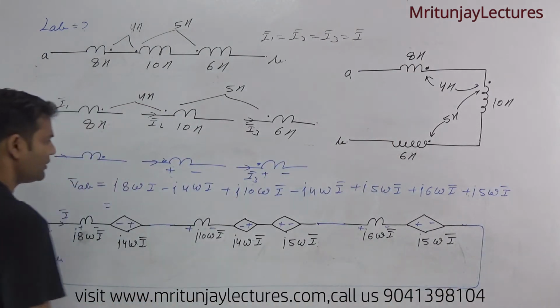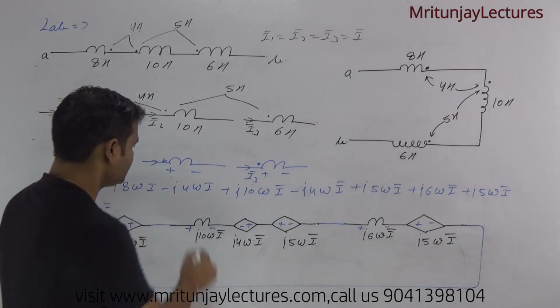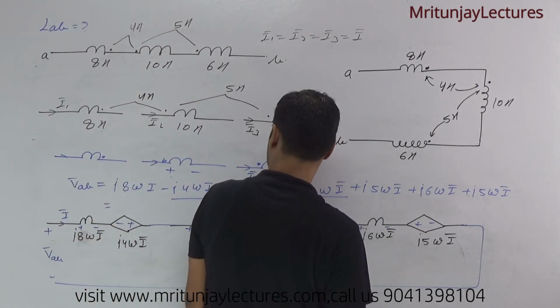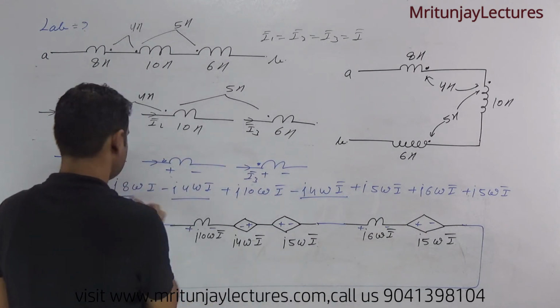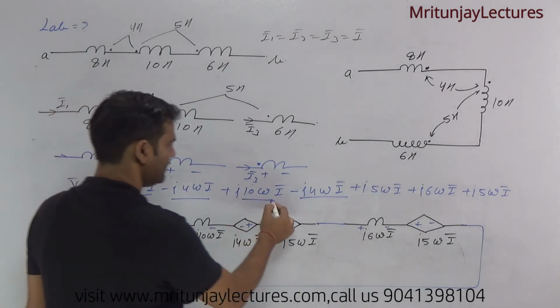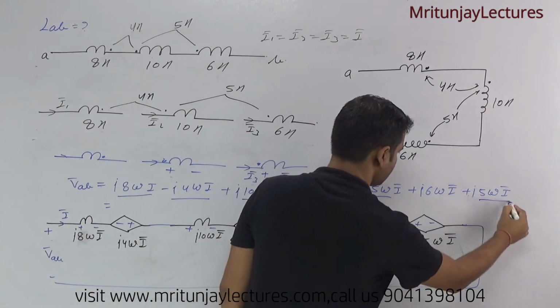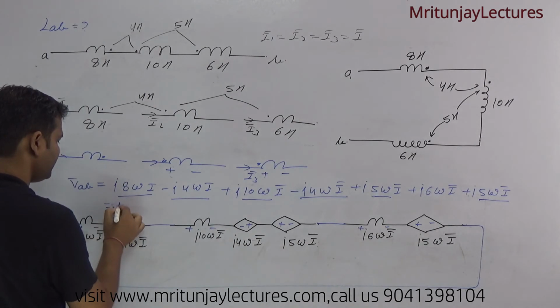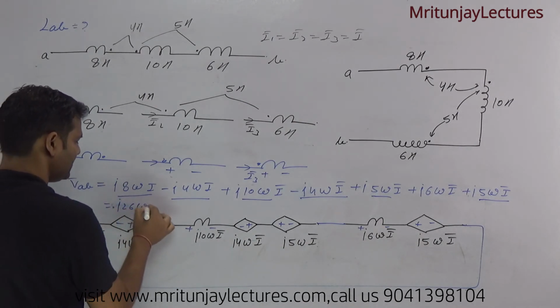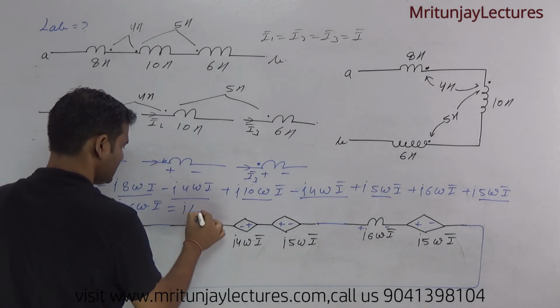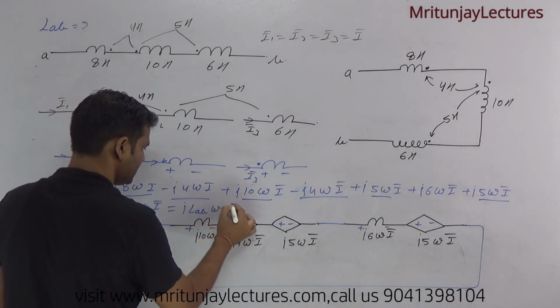So finally we got minus 4 and 8 cancel out. Okay, and 10, 20, and that is 26, that is j26 omega I. And finally V of AB equals j omega into I.